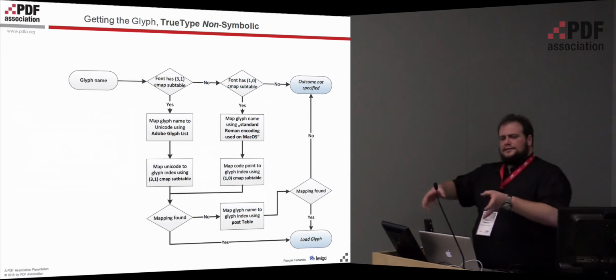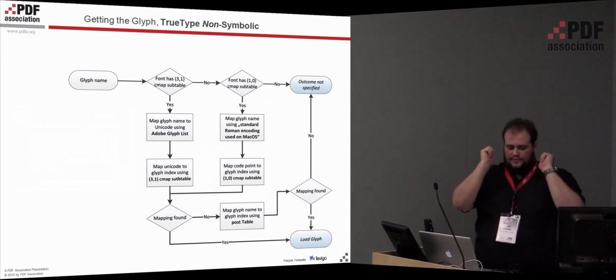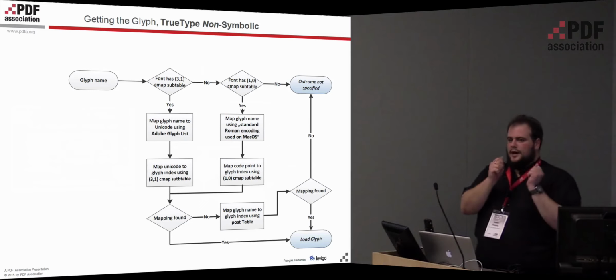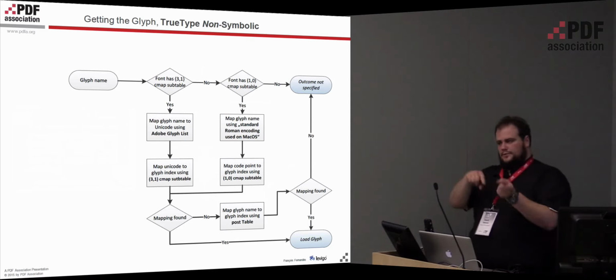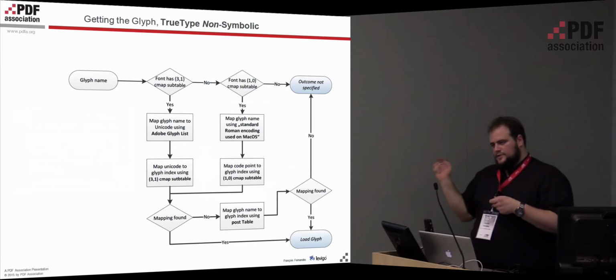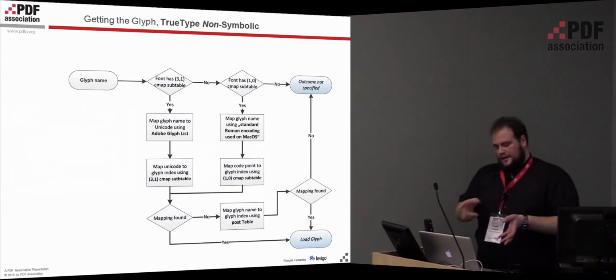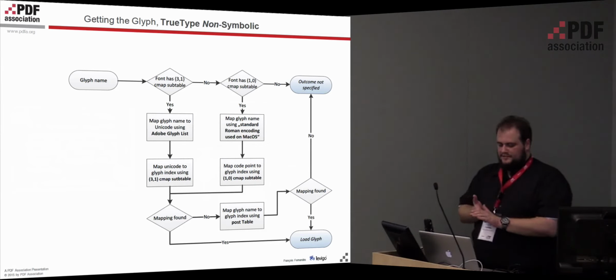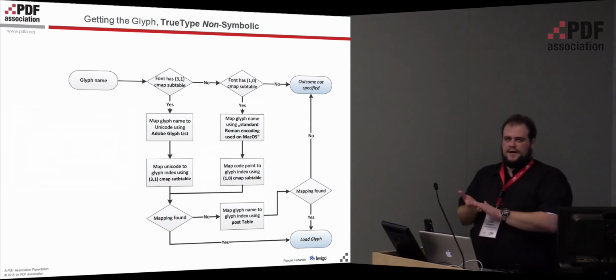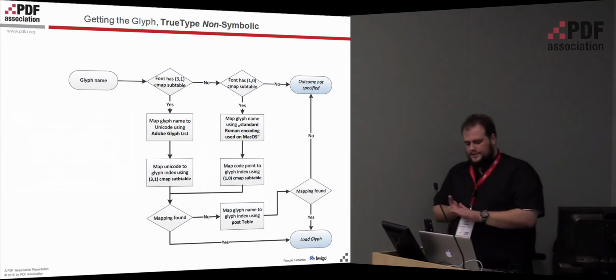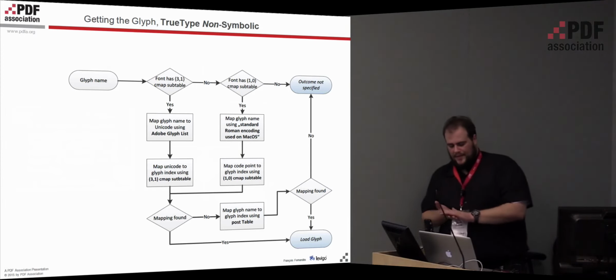A CMAP is basically just a collection where we have incoming characters, and outgoing we have glyph IDs, so we have that mapping. And those are indexed, and you can use different CMAPs for different purposes. And here we're specified to use either the 3.1 or the 1.0 subtables. The 3.1 is the Microsoft Unicode, and 1.0 is the Mac Roman.